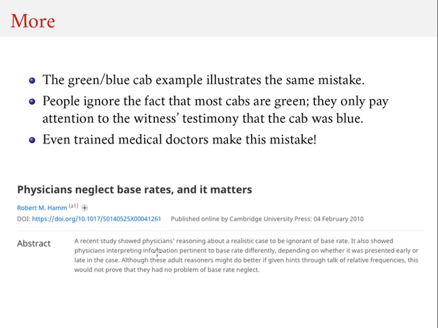Here is a screenshot of a recent paper that showed that physicians, doctors, even make this base rate fallacy. So this is a really deep, systematic problem which people make in reasoning with probabilities, and it's one which us in this course, in understanding Bayes' theorem, will be able to avoid.